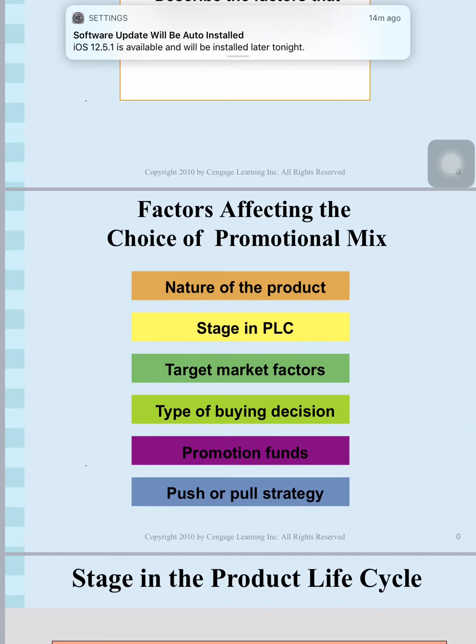Okay, for the nature of insurance, like a life policy, they had better go for personal selling rather than advertising. Because why?